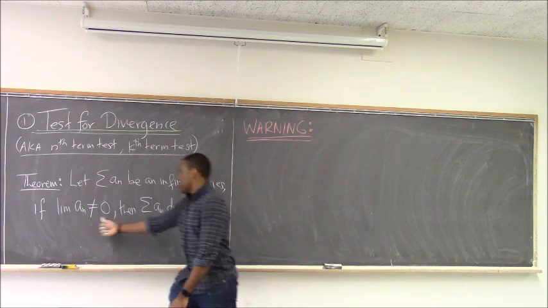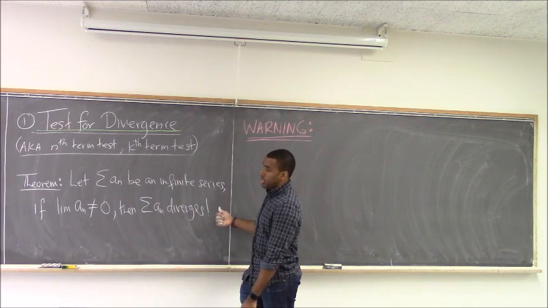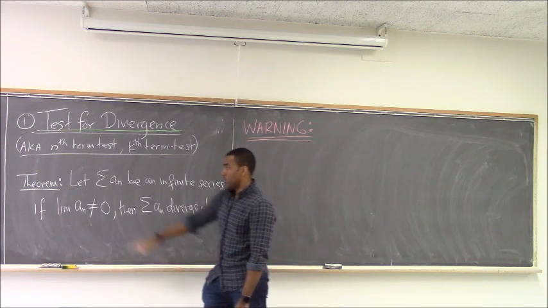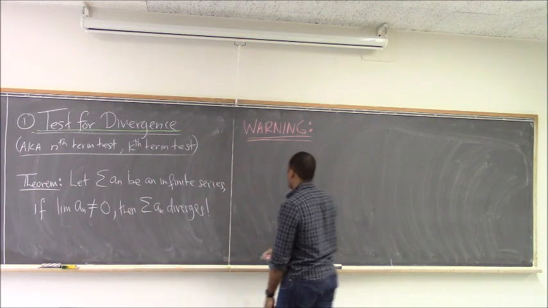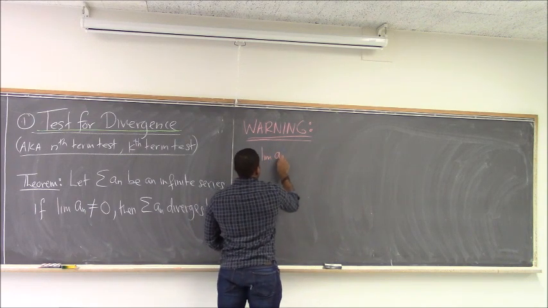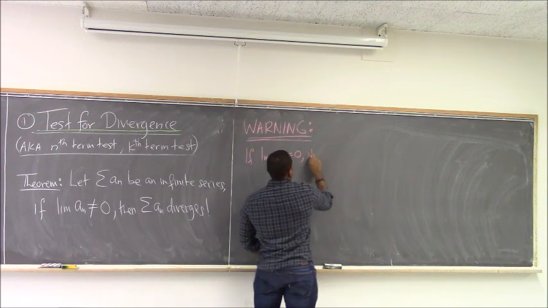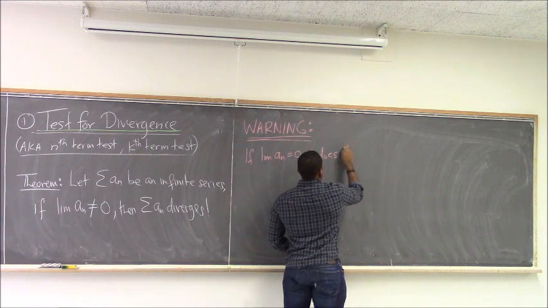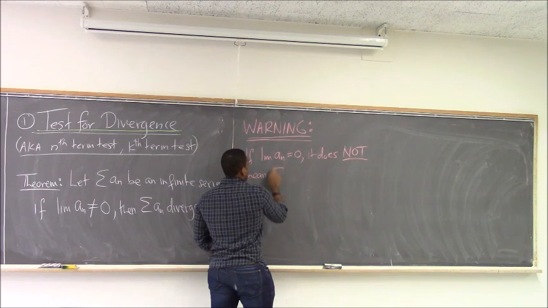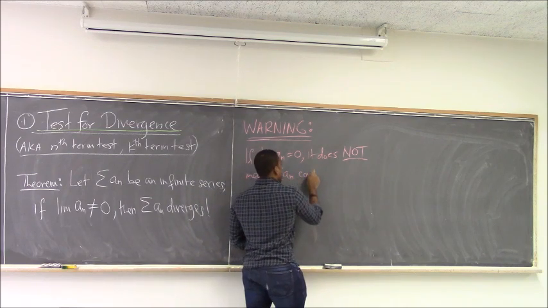If the limit is not 0, then the series diverges. You cannot assume the opposite is true. Just because the limit is 0 does not mean it converges. So if limit of AN equals 0, it does not mean AN converges. So that's important.